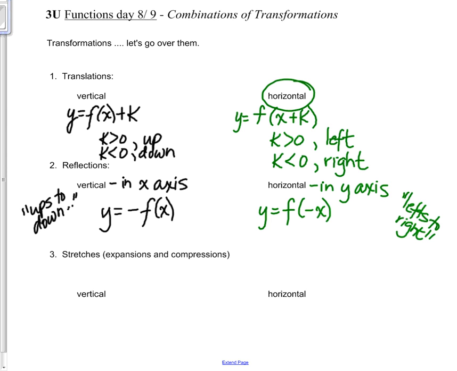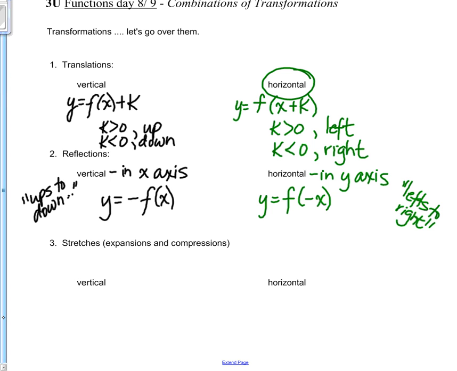Our stretches and compressions were probably the most difficult. An expansion is a stretch. Expansion: stretch factor greater than 1.